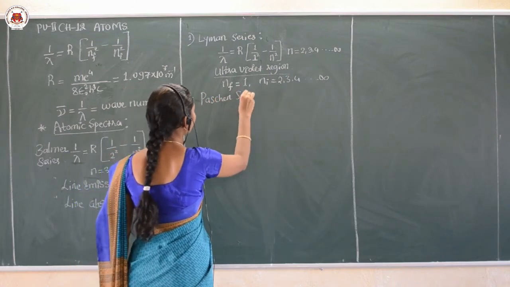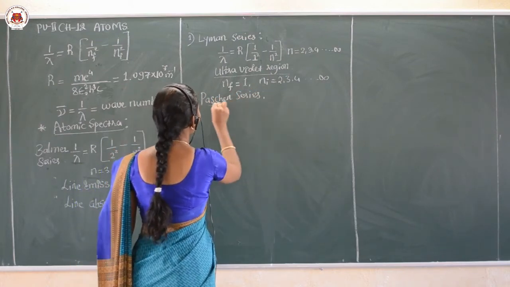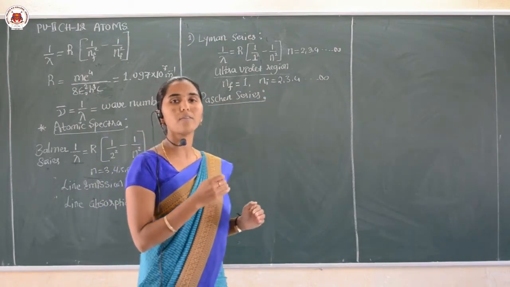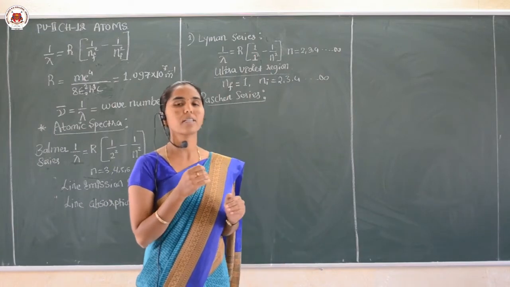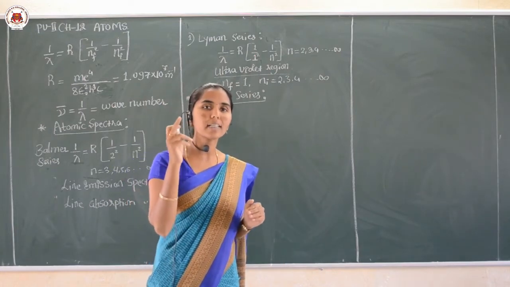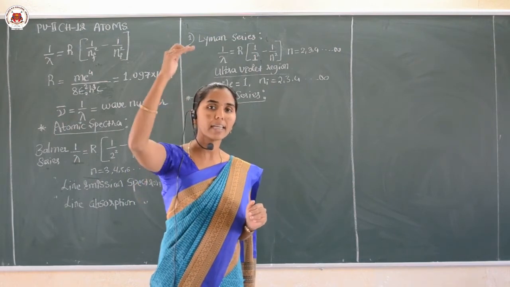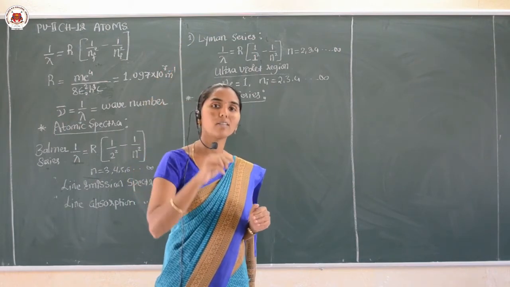Paschen series. This series of spectral lines is obtained when an electron makes a transition from a higher energy state to the third orbit.